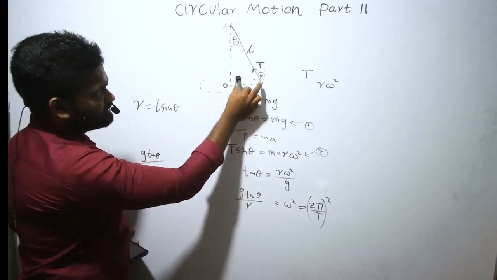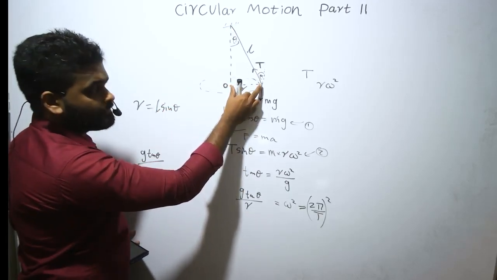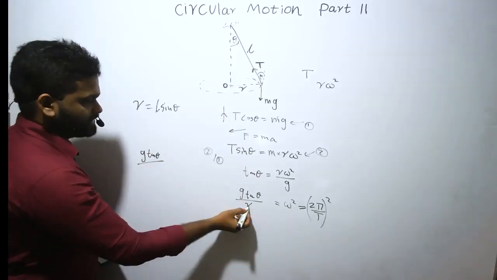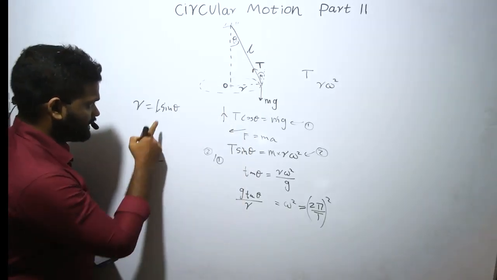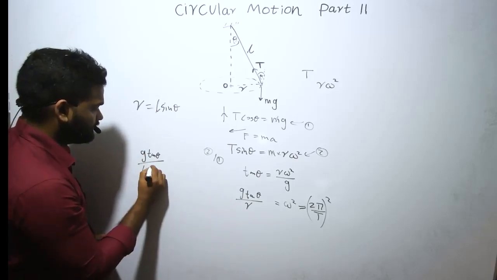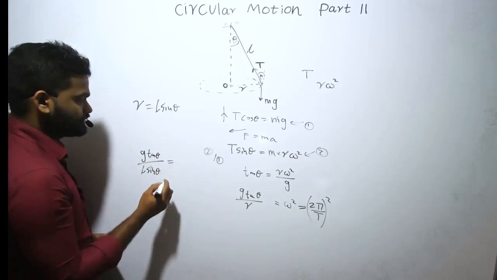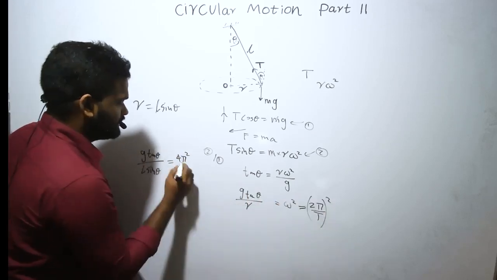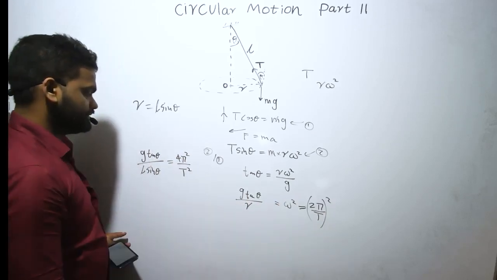This is L and the opposite side is L sine theta. I'll substitute that here. That is, R is L sine theta.